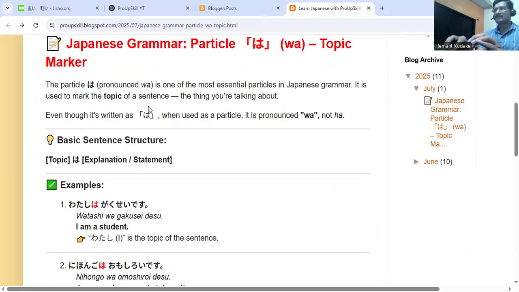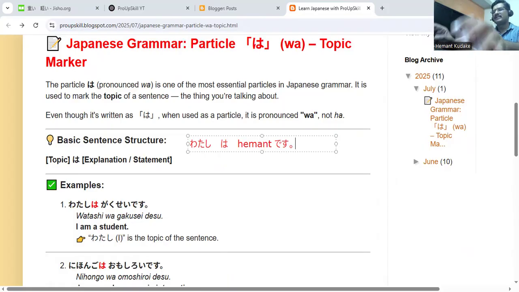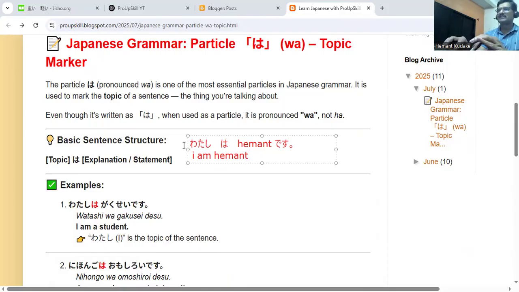Let's suppose I write here watashi. In Japanese, I would say watashi wa, and in English, I will be Hemant desu. Let's take this example. Watashi is I, so the complete sentence means I am Hemant. In this sentence, I am talking about me, that is watashi.